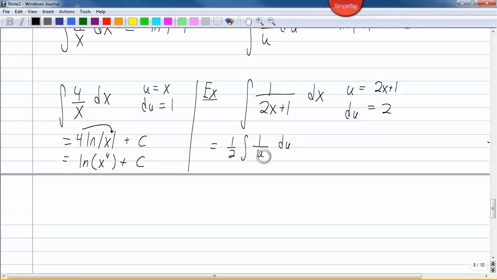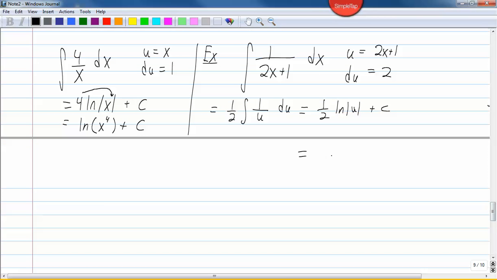And we know that the integral of 1 over u du is the natural log of u plus c. The only thing you have to do is don't leave your final answer like this. Alright, plug your u back in. So that's natural log of the absolute value of 2x plus 1 plus c.